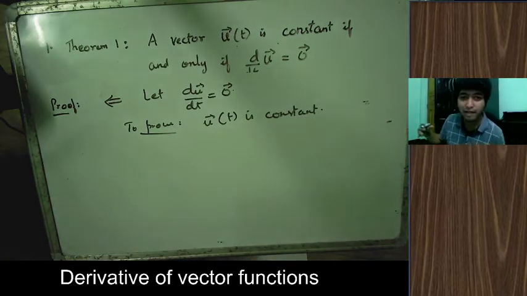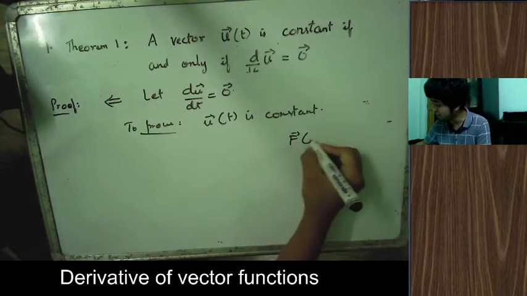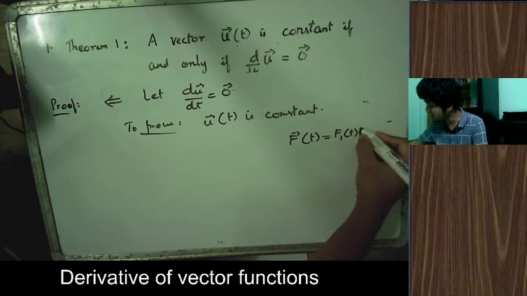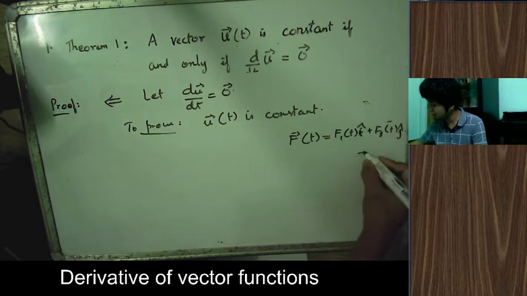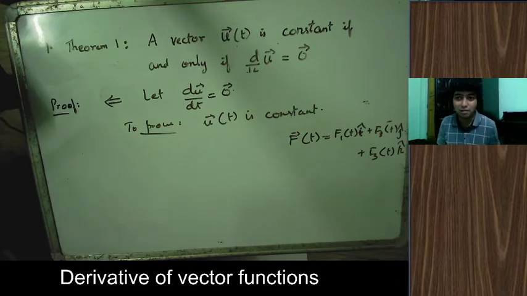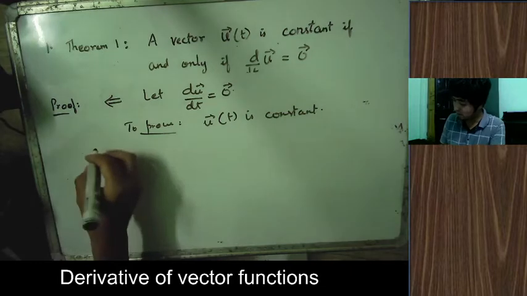If you remember, any vector function can be written like this. Any vector function f(t) can be written as f1(t)i plus f2(t)j plus f3(t)k, where f1, f2, and f3 are scalar functions.